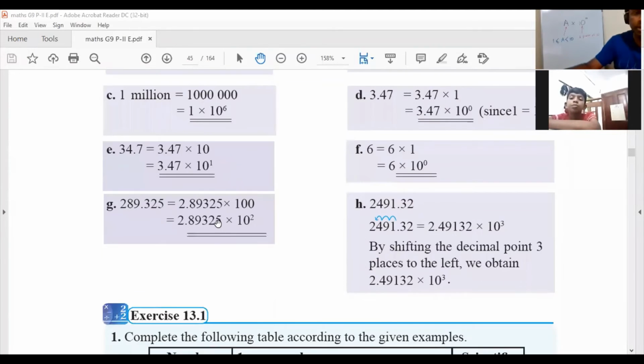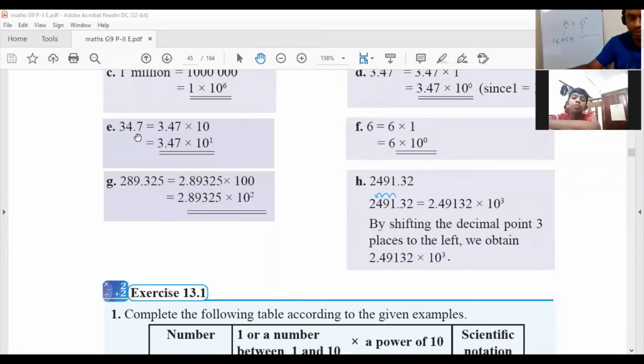Then 34.7. 34 is not a number between 1 and 10. 3.47, yes, 3.47 is a number between 1 and 10. Then the point is here, right?